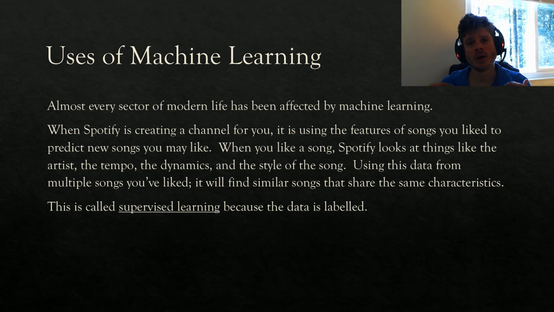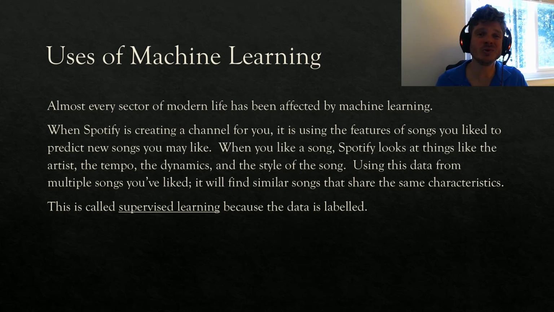So I'm going to talk about one example of machine learning, and we're going to go through the process here just kind of briefly and kind of as an overview of where machine learning is used and how they implement one of their algorithms. And so we're going to talk about Spotify. So Spotify, when they're trying to create a channel for you, well, they're trying to use features of songs that they know you already like to predict new songs that you might like.